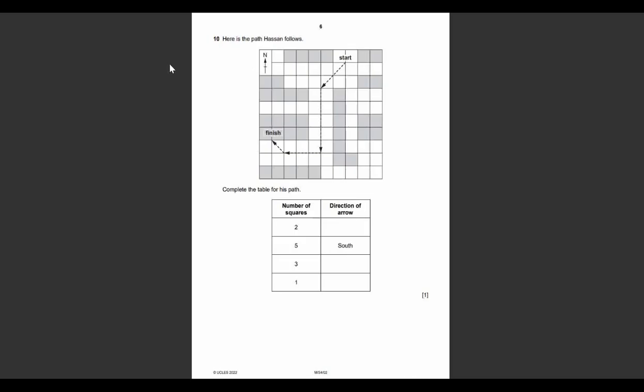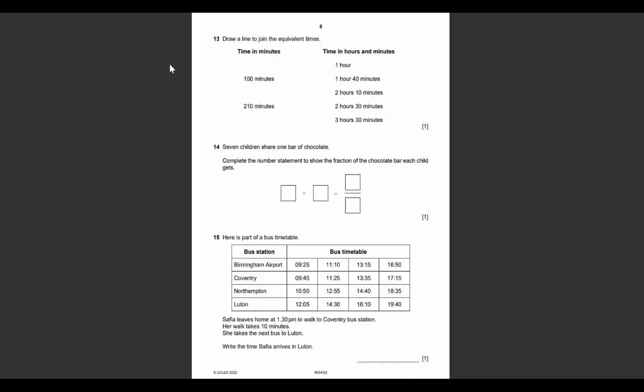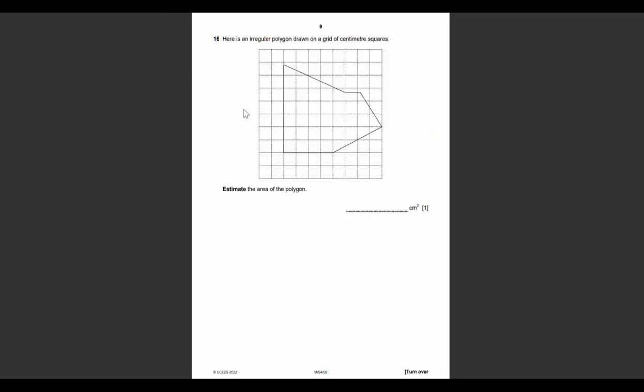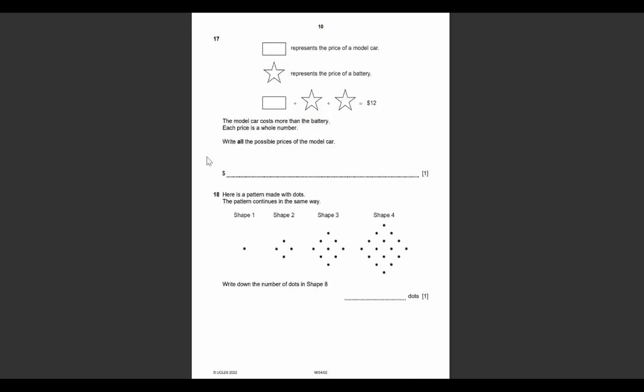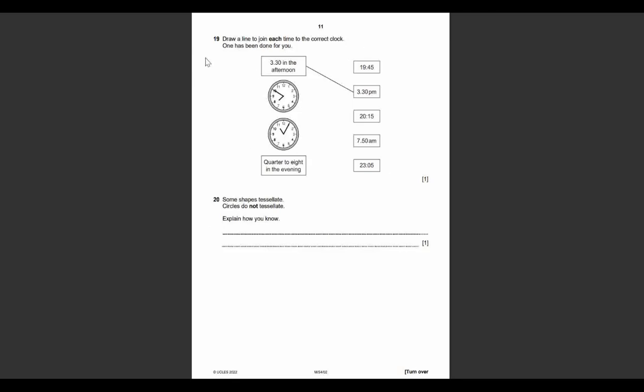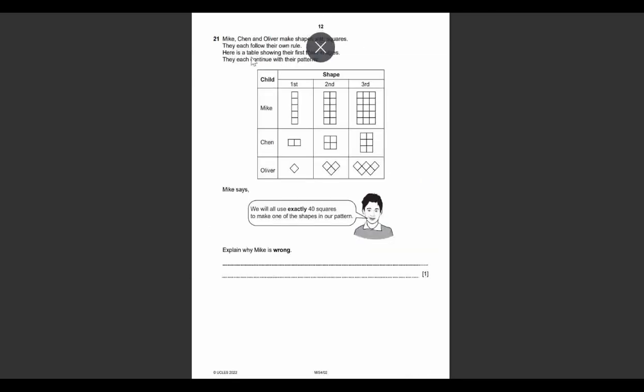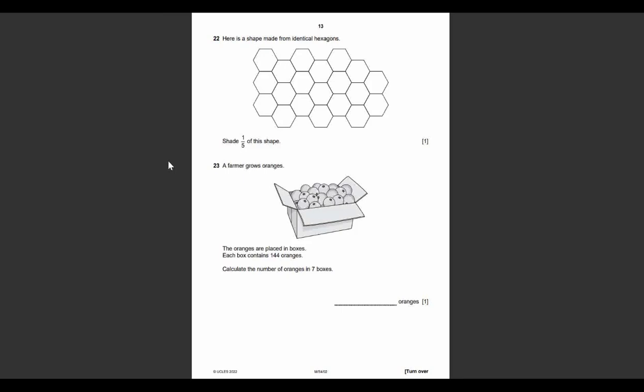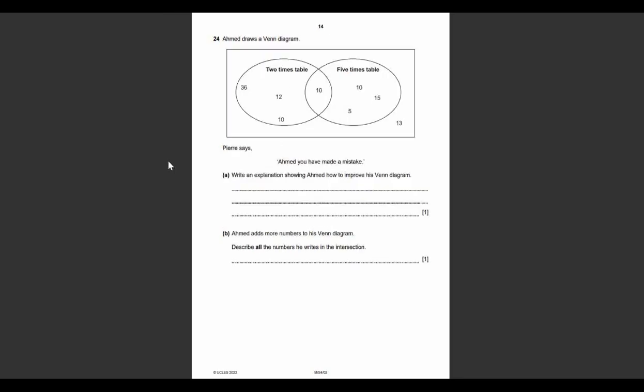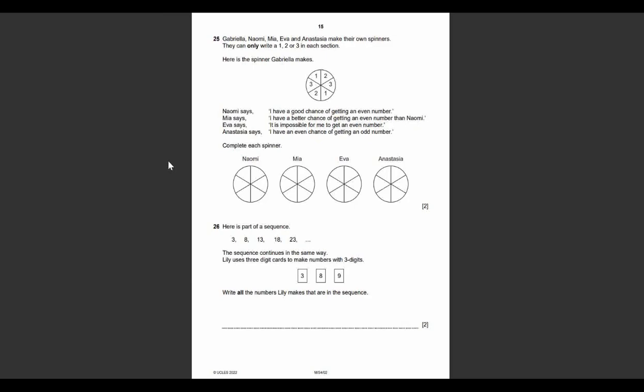Page 5, page 6, page 7, page 8, number 11, 13, 14, 15, page 9, number 16, page 10, number 17, 18, page 11, number 19, 20, page 12, number 21, page 13, number 22, 23, page 14, number 24, page 15, number 25, 26. So this is the last question, as this is a blank page.